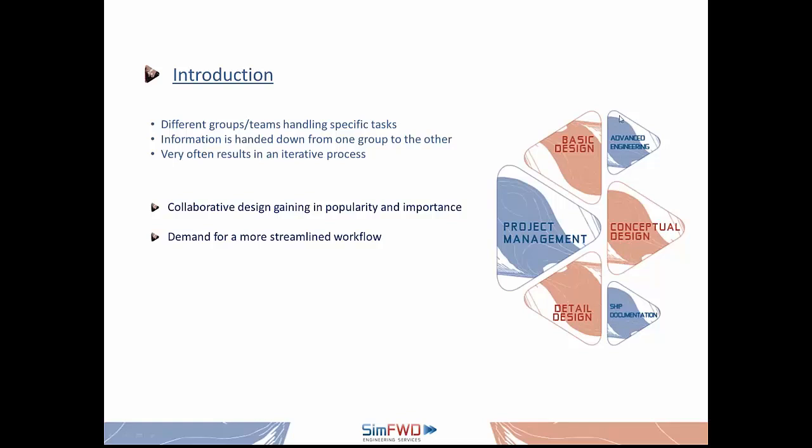So mainly simulation processes. Project management, of course, also has to do with the CAE workflow nowadays, due to the volume of work and the volume of models used in the industry. And lastly, the documentation that has to be produced throughout the design stages.